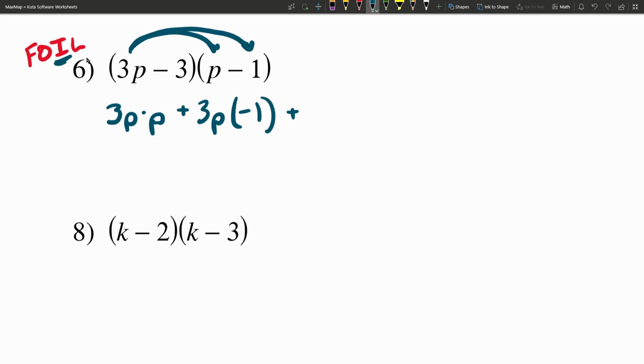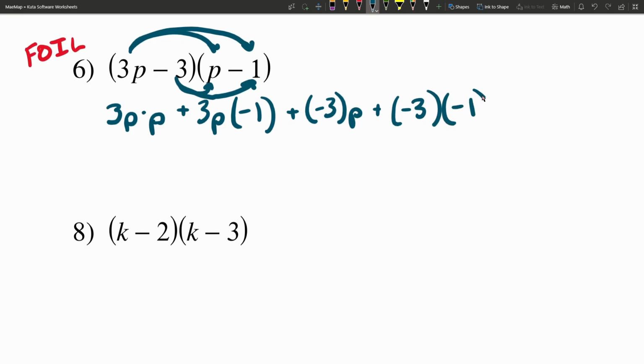And then we're going to add that to our inside terms, where this 3 is subtracted, but this p is positive, so it's going to be negative 3 times p. And then finally, we're going to add that to our last terms, where both the 3 and 1 are subtracted, and we need to take that into account, so I'm going to write them both as negatives.